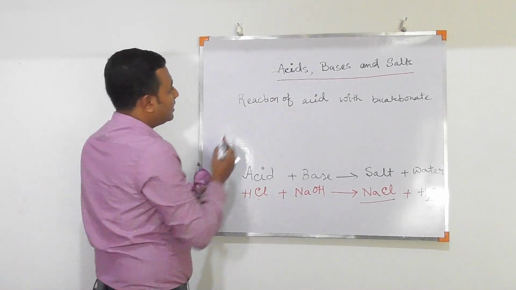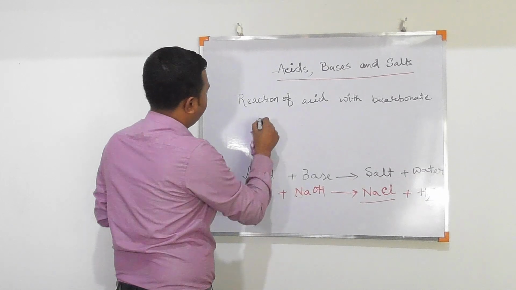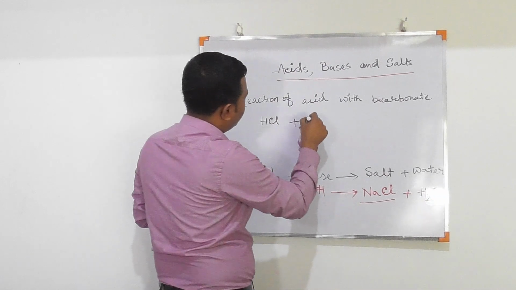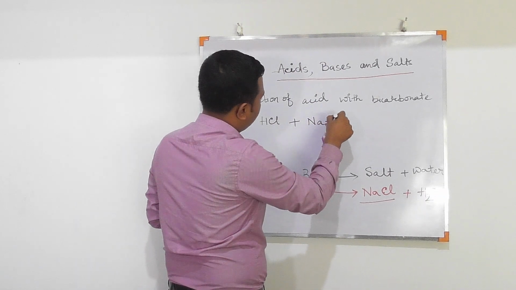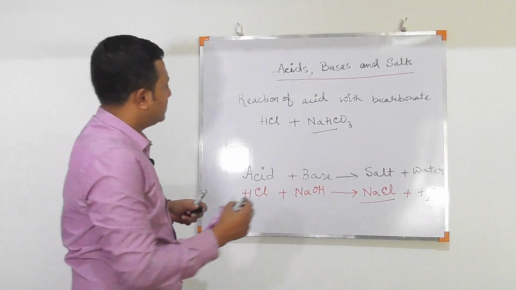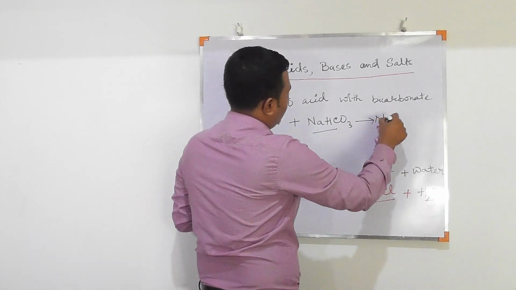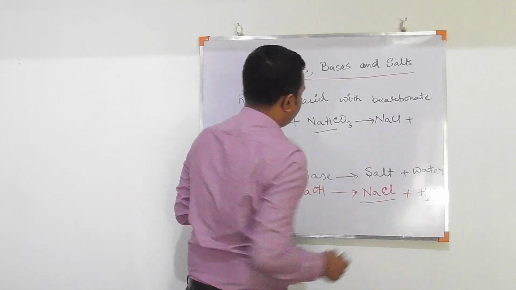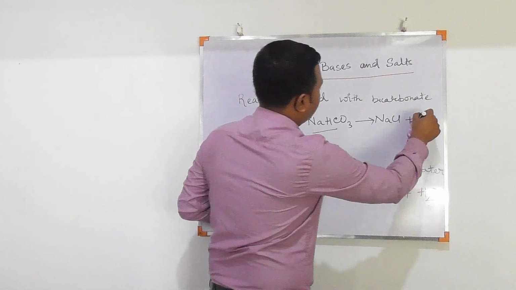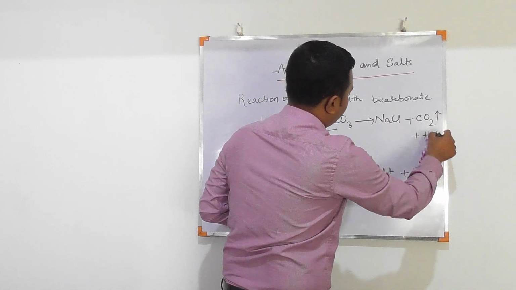How? Let's start with an acid, HCl. If HCl reacts with sodium bicarbonate, which is basically baking soda, what happens? By this reaction NaCl will be formed, and as byproducts we will get carbon dioxide and water.